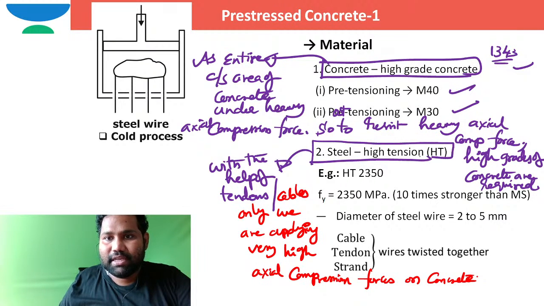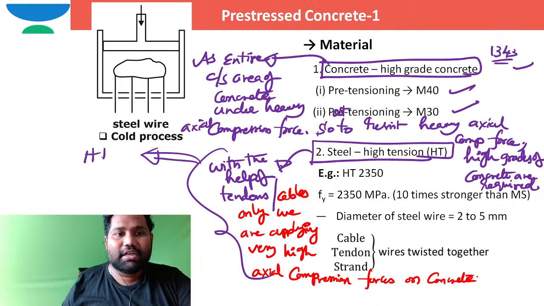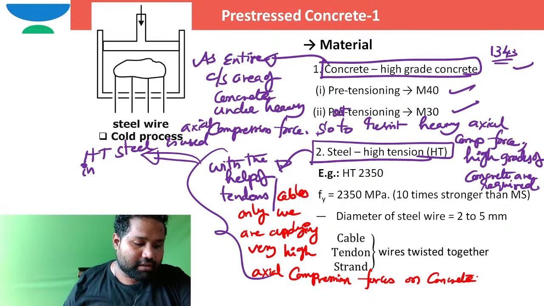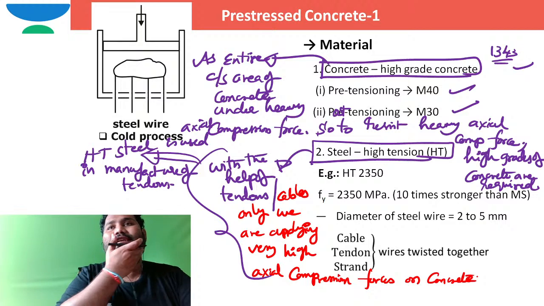So the common sense says the tendon should be of very high tension action. So high tension steel, HT steel, is used in manufacture of tendons. What is a tendon, brother?